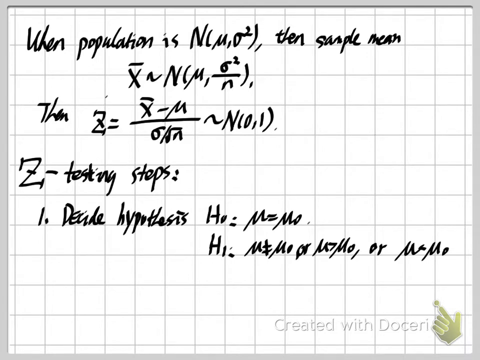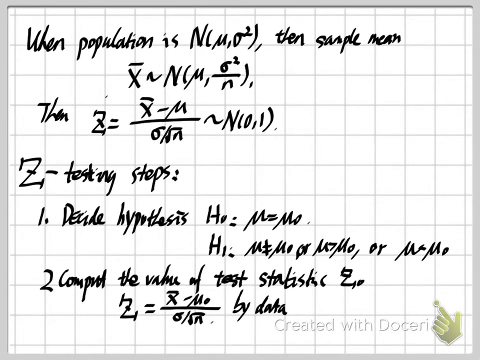The second step is to decide our test statistic. We just plug the value of mu 0 into the location of mu.